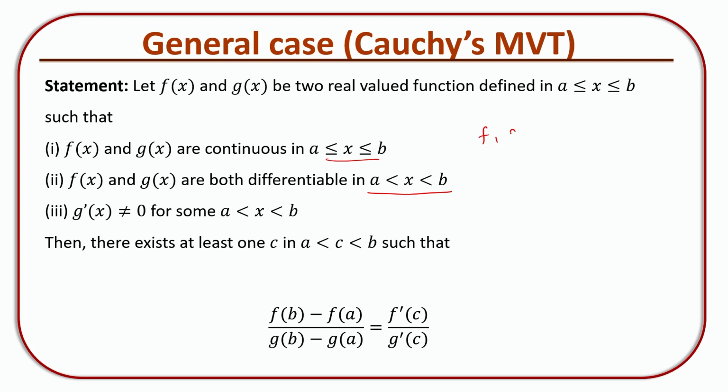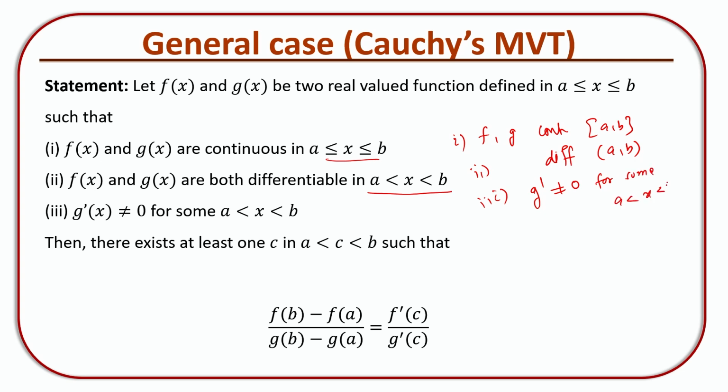This was the first condition, this was the second, and the third one: g dash is not equal to 0 for some x lying between a and b.